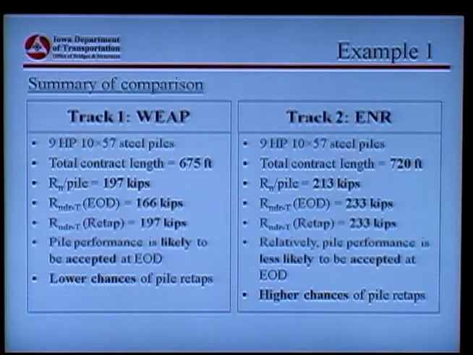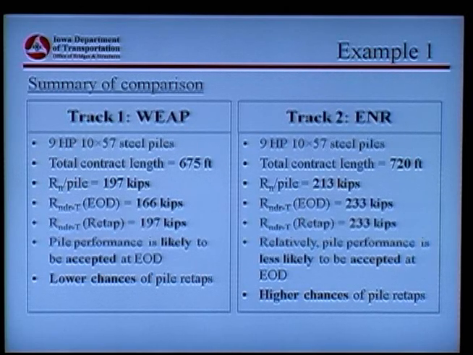So to summarize the comparison, both have the same number of piles, and for the total contract length, as you recall, 75 feet is required per pile. In terms of 9 piles, total contract length is 675, whereas 720 is required if you use the ENR formula.